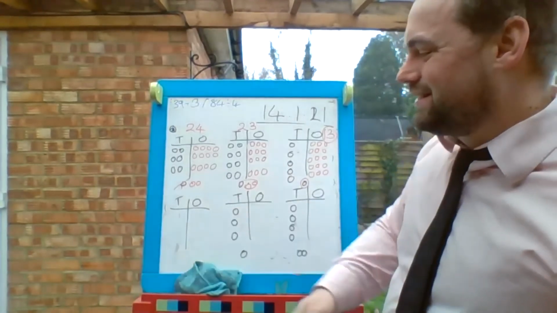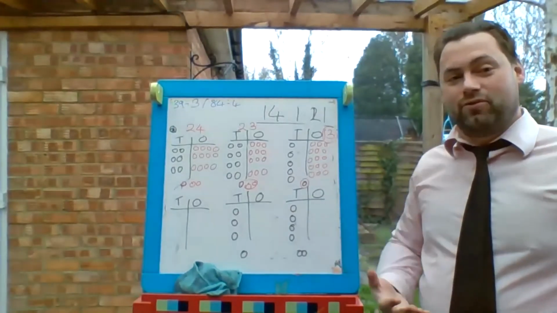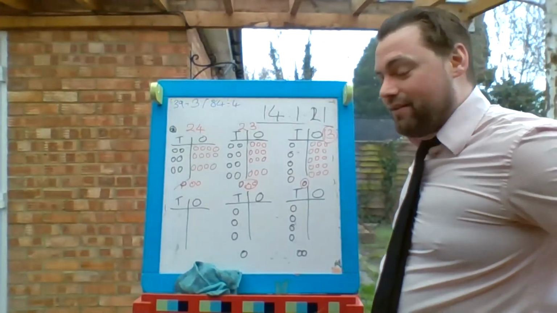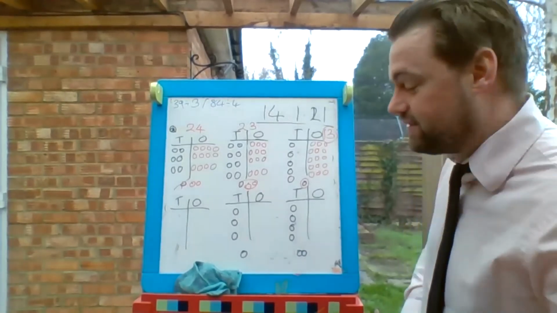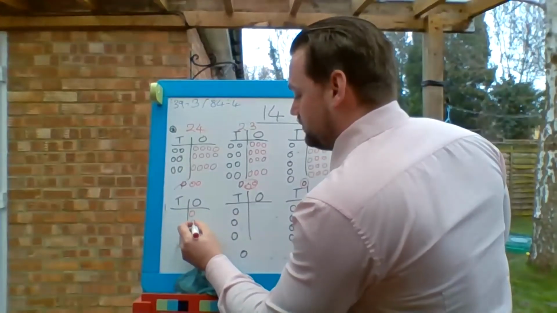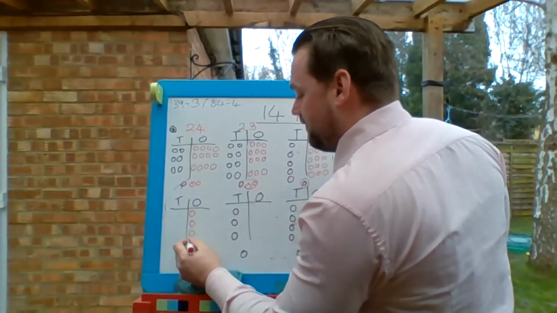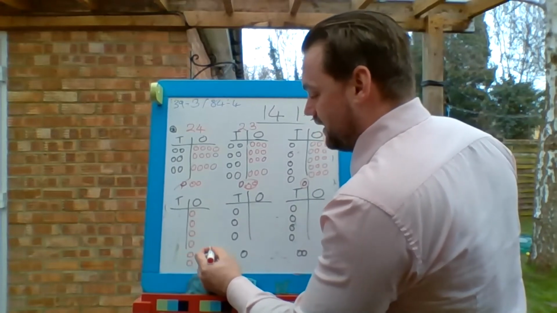Now for this question here, it's 48 divided by 6. So if I divided my 10s up into 6 groups, I just can't do it, okay, because I've only got 4 lots of 10. And I've got 8 ones. So maybe I can do my 8 ones first, okay? So 1, 2, 3, 4, 5, 6. And I'm going to have 2 ones left over.